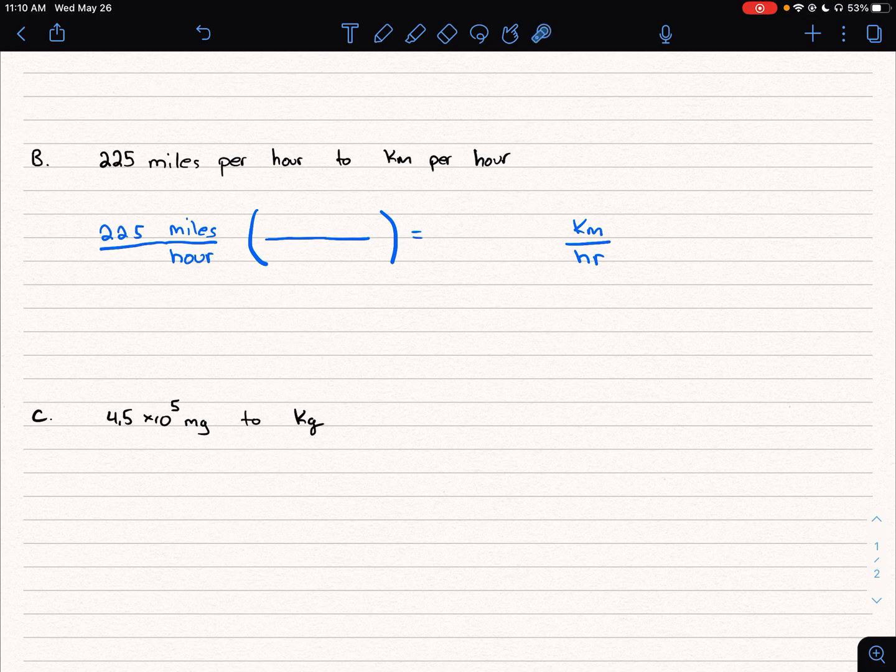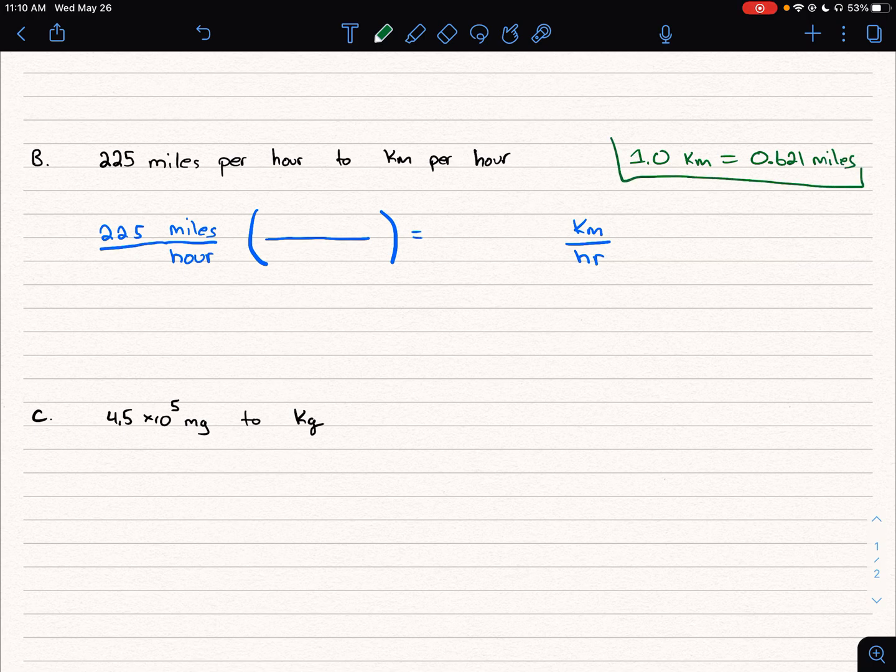And when we look at this, notice the per hour stays the same. So we don't have to do anything. What we do need to convert is miles into kilometers. And so that's the conversion factor we need to look up. And when I look that up, I can see 1.0 kilometers is equal to 0.621 miles.